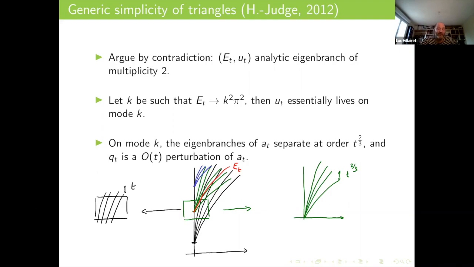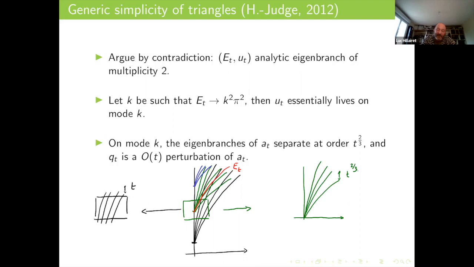Let me show the picture. You have the spectrum of A_t, which are all these branches, the blacks, the greens, and the blue. And now you have this eigenbranch of Q_t, E_t, that converges to this threshold.